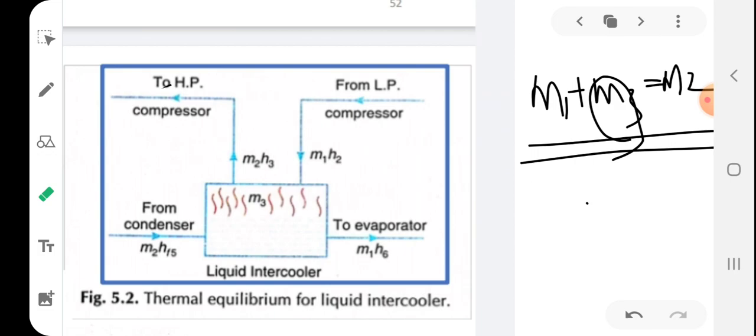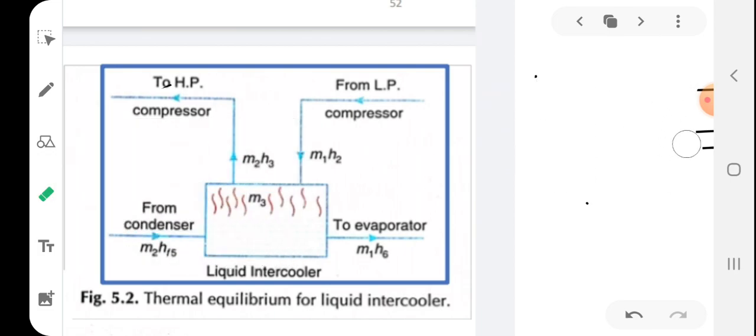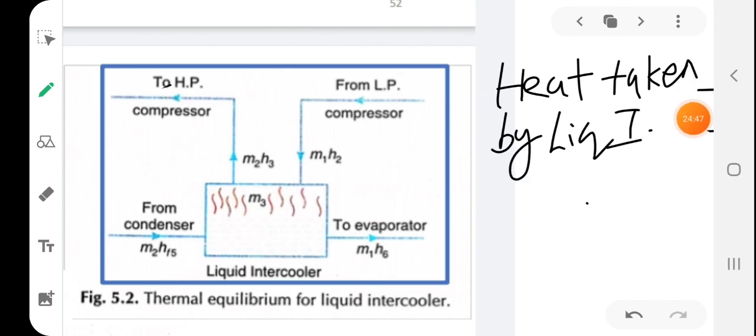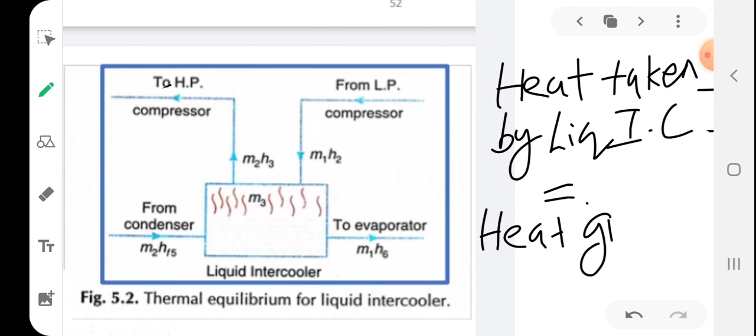So the conservation of energy equation here means you have to write: heat taken by liquid intercooler will be equal to heat given by liquid intercooler.